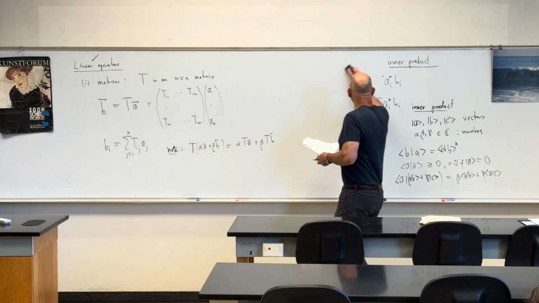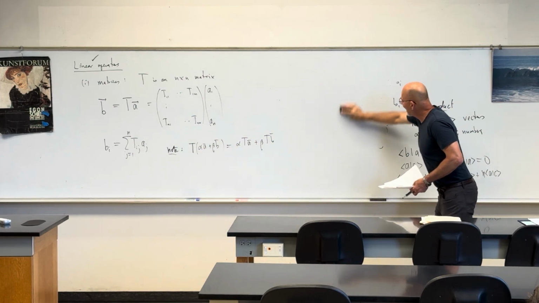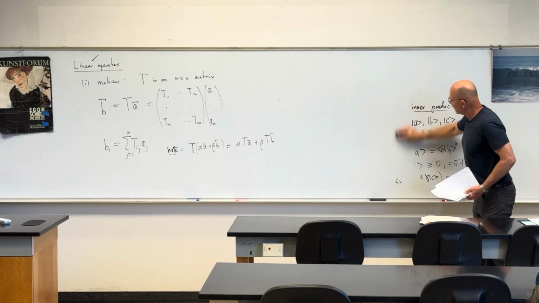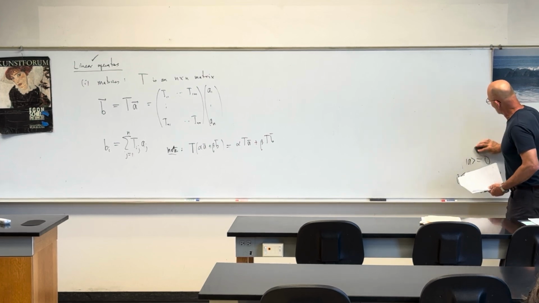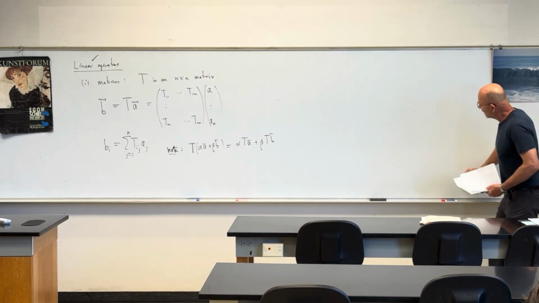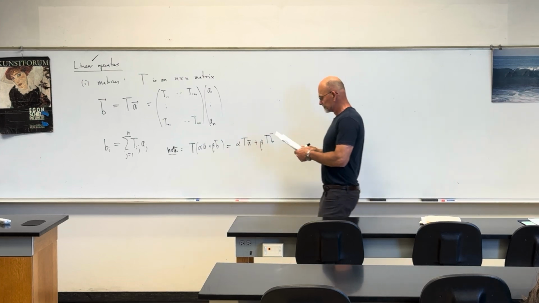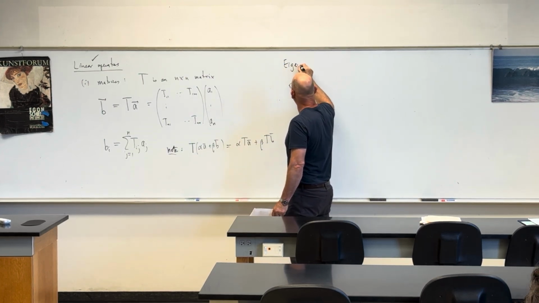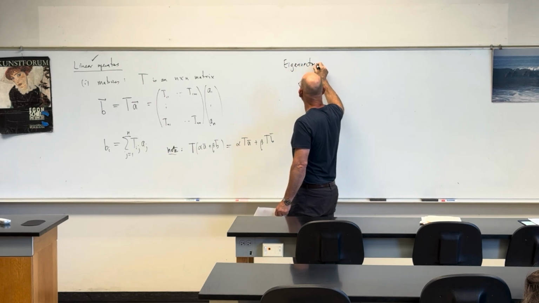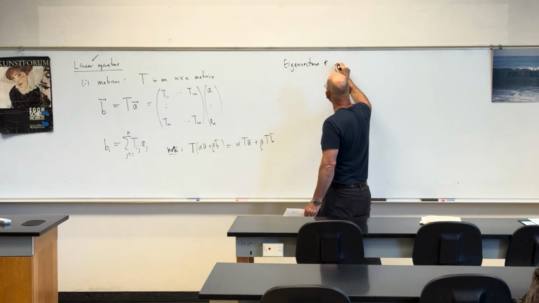So then we have this, and now we can introduce the eigenvector and eigenvalue problem, which we did a couple of on the homework. One good one. So eigenvectors and eigenvalues.